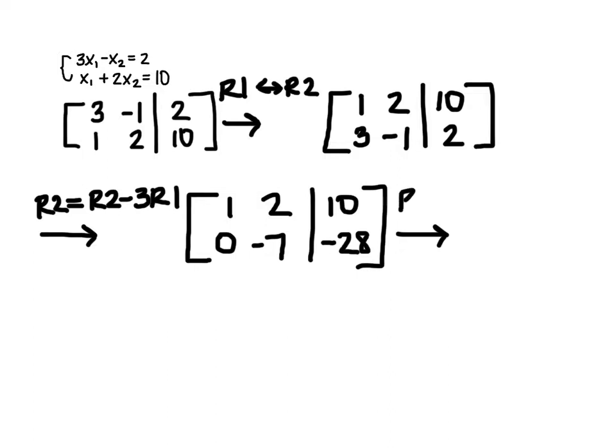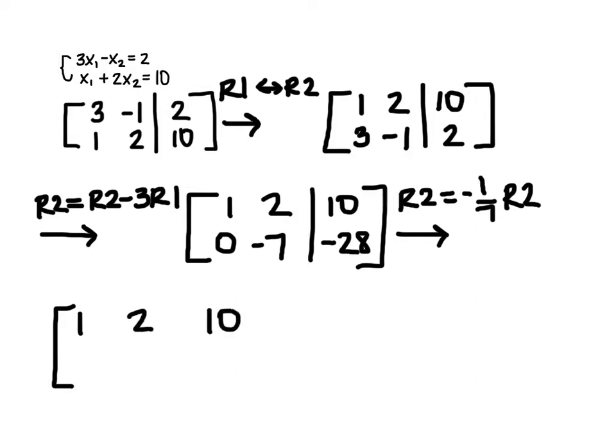If I take row 2 and multiply it by -1 over 7 times R2, I'll get that transformation. So my row 1 stays the same, 1, 2, 10, but now I have 0, 1, and 4.